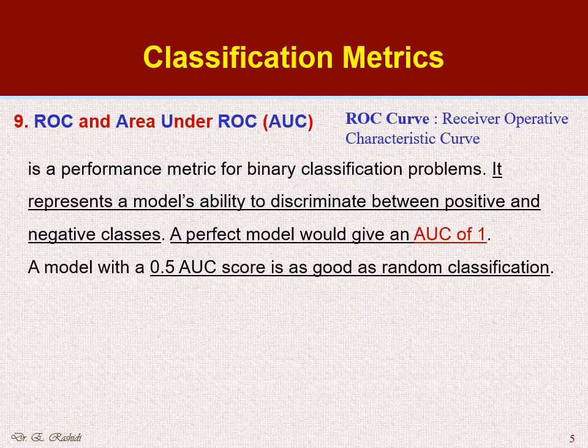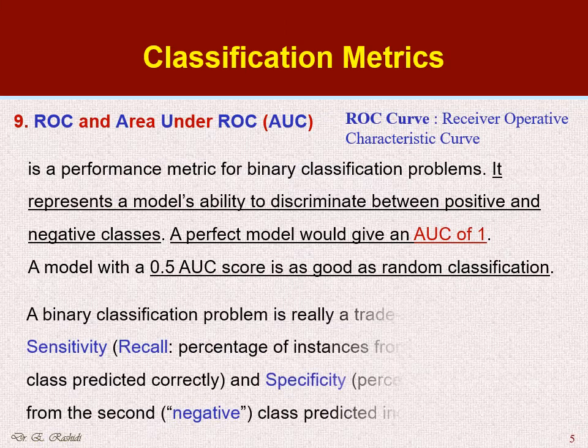To give you an idea of the range of the AUC values, a perfect model would give an AUC score of 1. On the other hand, a model with an AUC score of 0.5 or 50% is as good as random classification, or tossing a coin, for example.